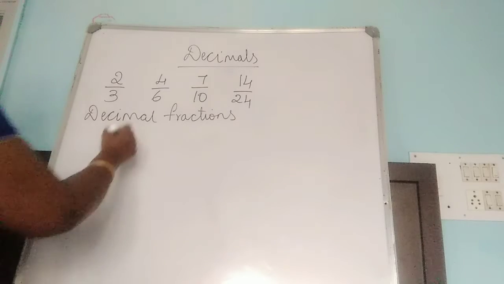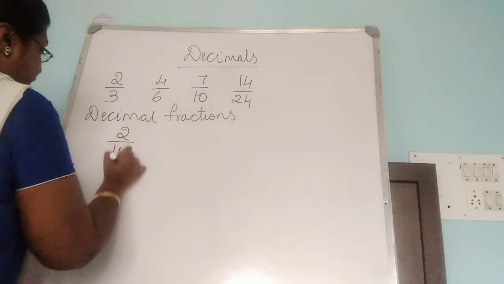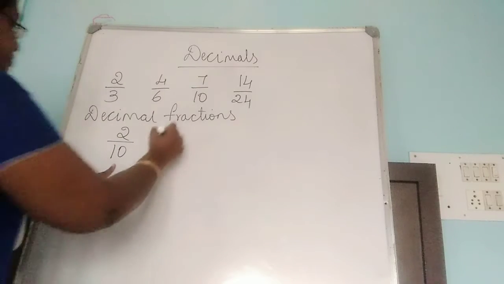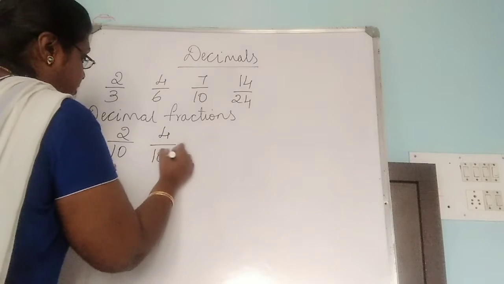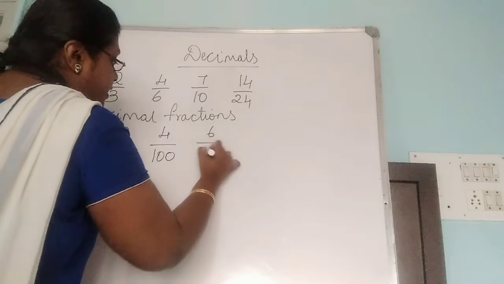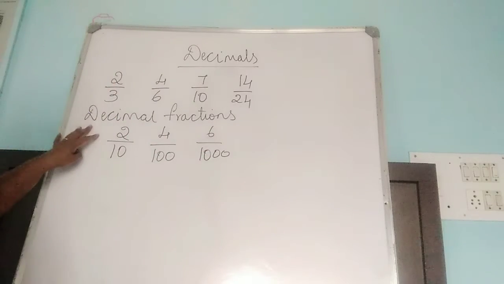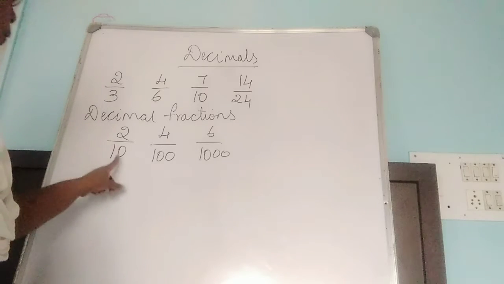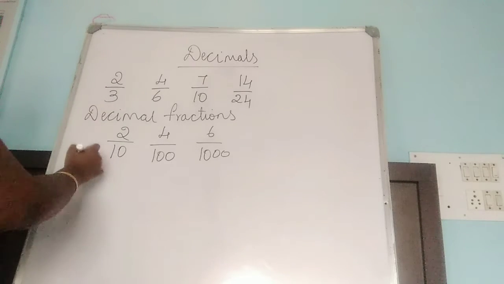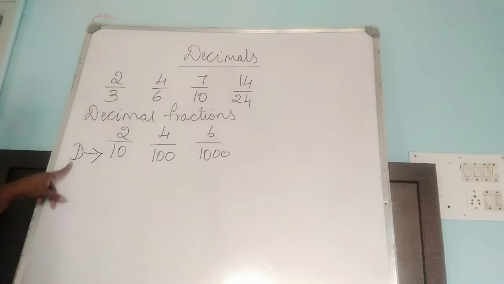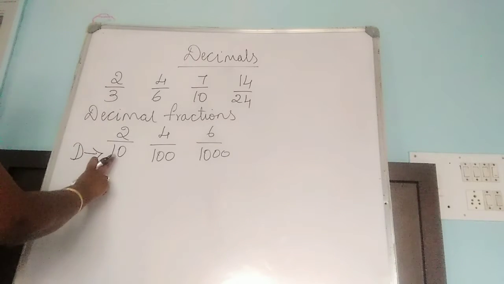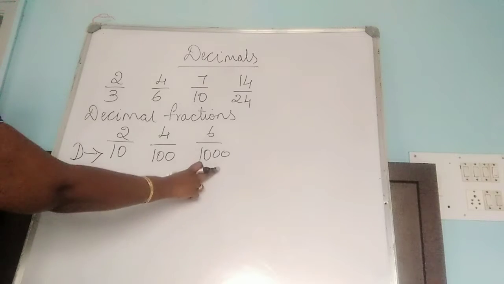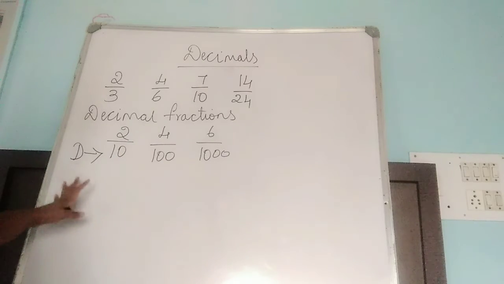Any fraction which has the denominator 10, 100, or 1000 is said to be a decimal fraction. I repeat once again, any fraction whose denominator must be either 10, 100, 1000 or the products of tens.